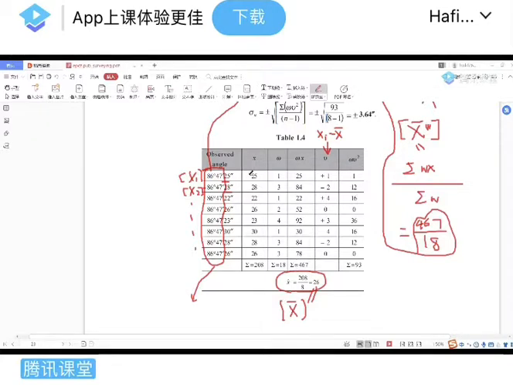Here is a different direction, but it doesn't matter because they will be squared. We just follow this author's approach: he put the s square at the very beginning and xi at the end. So this number comes from 26 minus 25.